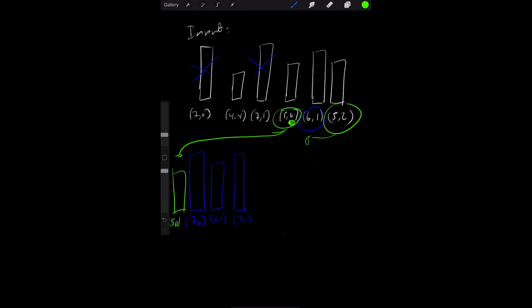As you can see, it's important to order by height first, from tallest to shortest, and then also by K, from smallest to biggest. Because if we put 5, 2 here first, and then we put the 5, 0 in front, it wouldn't be 5, 2 anymore, it should be 5, 3.